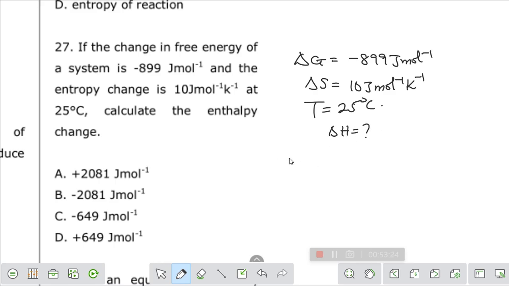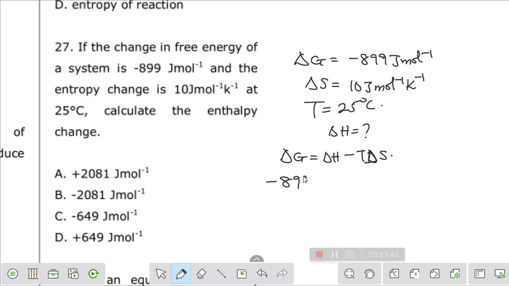Now what's the formula for this actually? Do you remember the formula? So delta G is equals to what? Delta H minus T delta S, if I can still remember. So that's the formula. So what's my delta G?